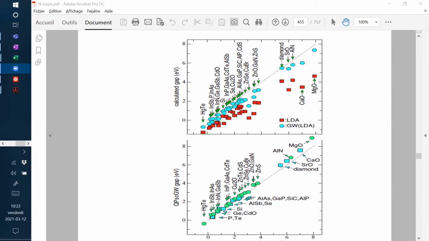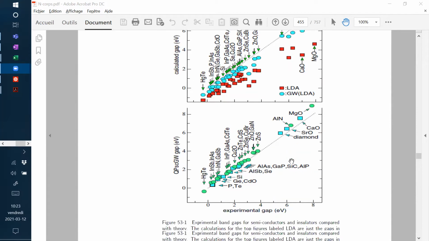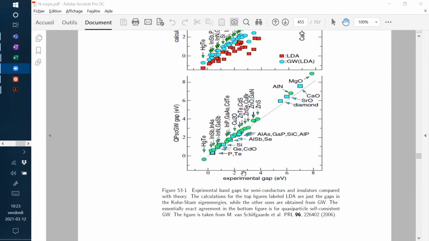So what they do is they assume that these are quasi-particles. In other words, they put the Z that we talked about for quasi-particles. Then with the self-energy, they compute with the quasi-particles, and they make sure that it is a self-consistent problem. And you see they get even better agreement. So I think this is pretty much state of the art, at least in 2006. I went to a meeting in 2019, and people still mention that as quite an achievement.